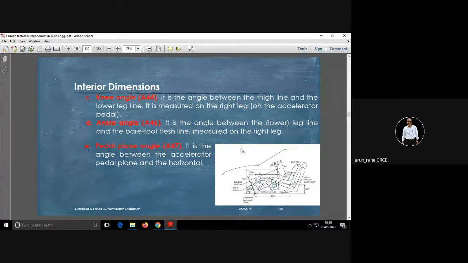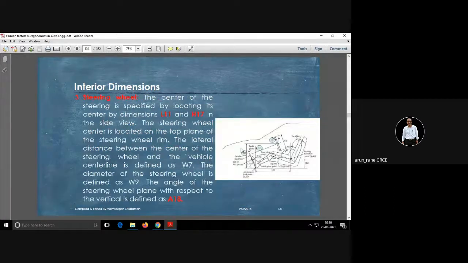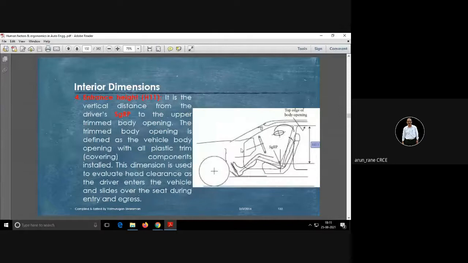So knee angle, ankle angle, pedal plane angle, steering wheels. You may not have imagined. Entrance height. Some of our cars are such that even if the person is 5 feet 6 inches tall, while entering you feel as if you are going into a cage, a cave. We are entering into the cave, it feels like.